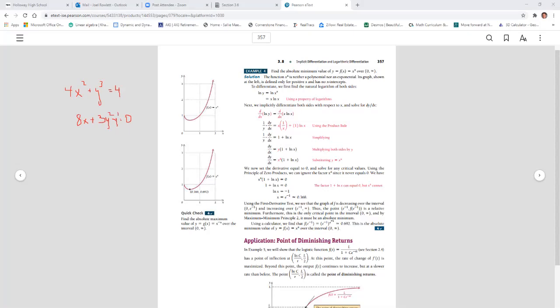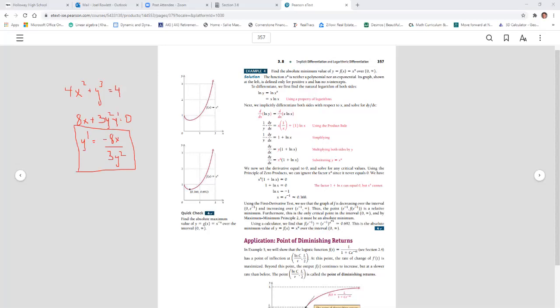So that's going to give me y prime equal to negative 8x divided by 3y squared. Again, you tell me x and y, I'll plug those values in, and I can tell you the slope of the tangent line, or the derivative, at that particular point.